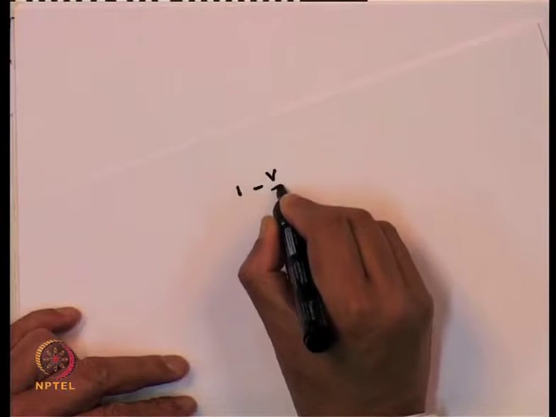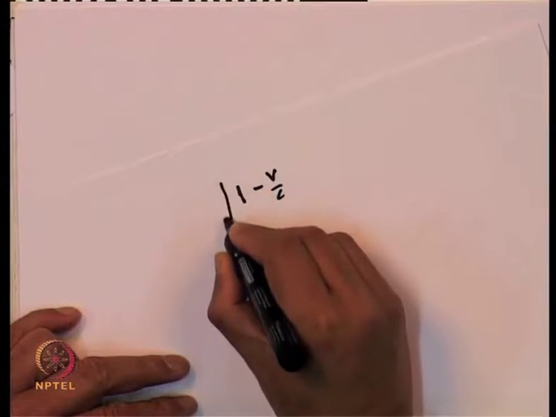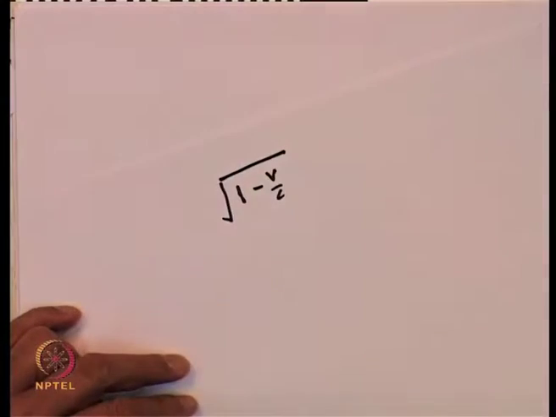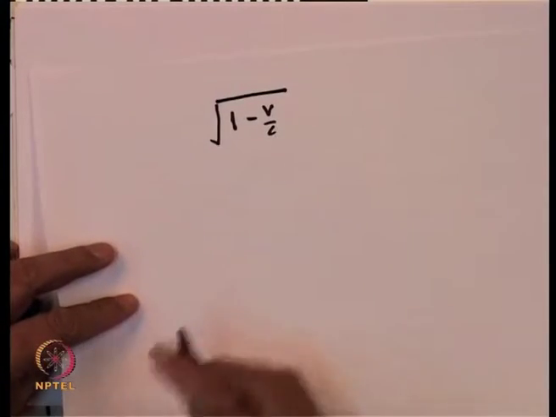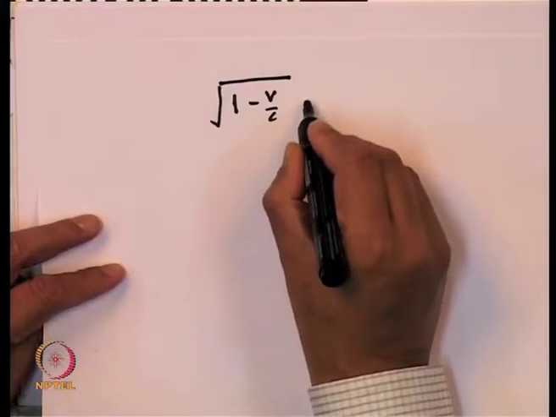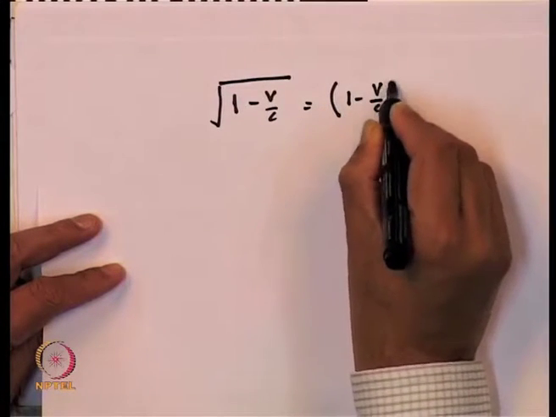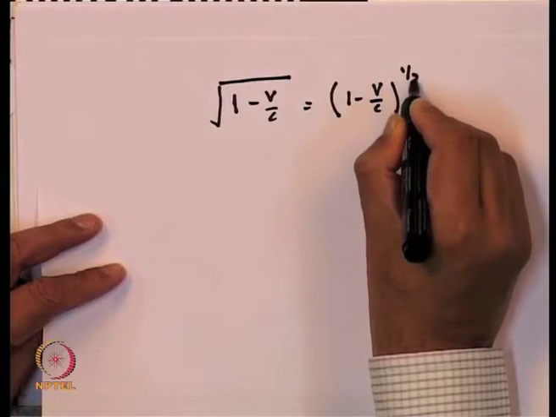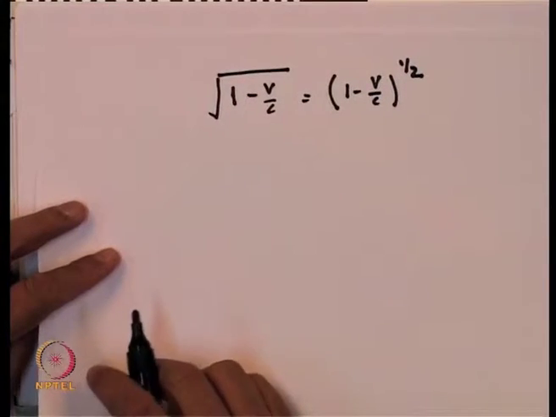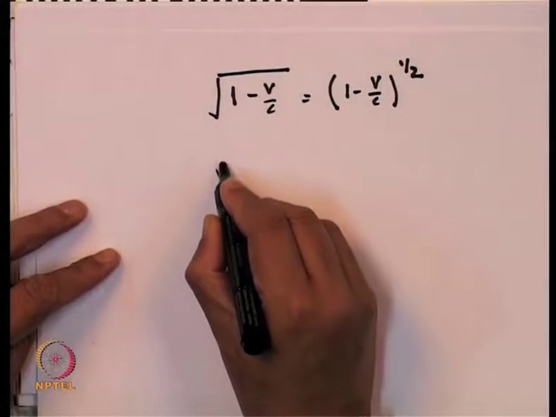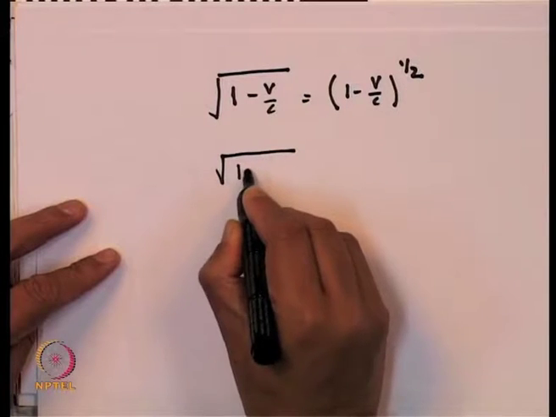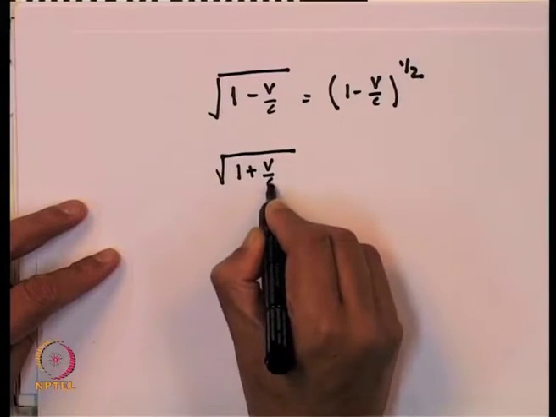Remember, my expression was 1 minus v by c under root. This was in the numerator. So, this can be written as 1 minus v by c to the power of half. In the denominator, we had an expression of 1 plus v by c.